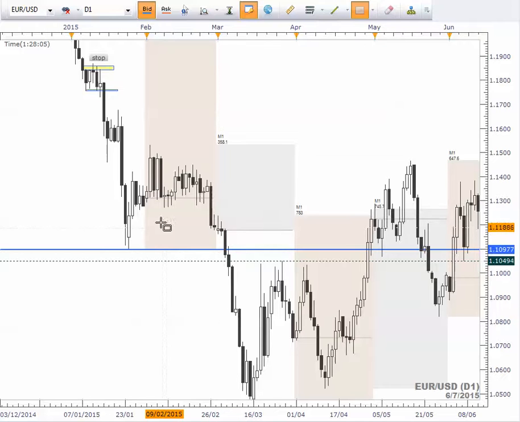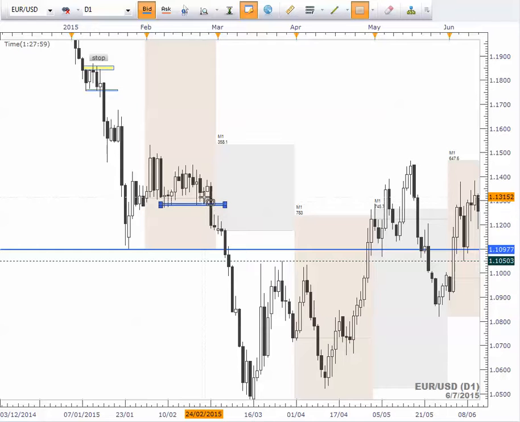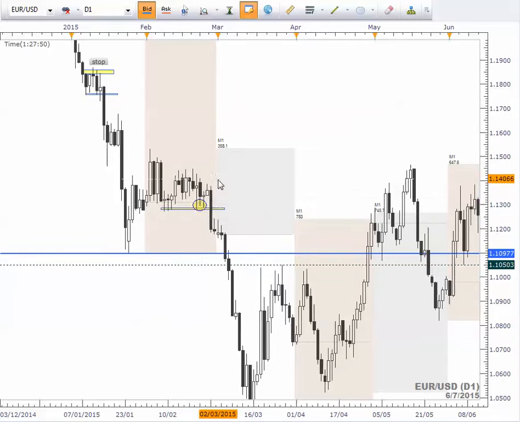So say for example I was using this intra-month support here, none of these had broken it because all of these just came to it and then found support there and moved price back up.